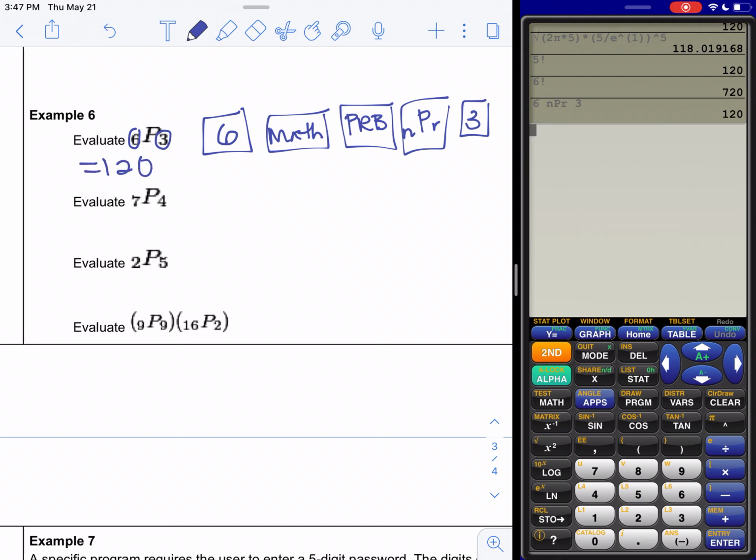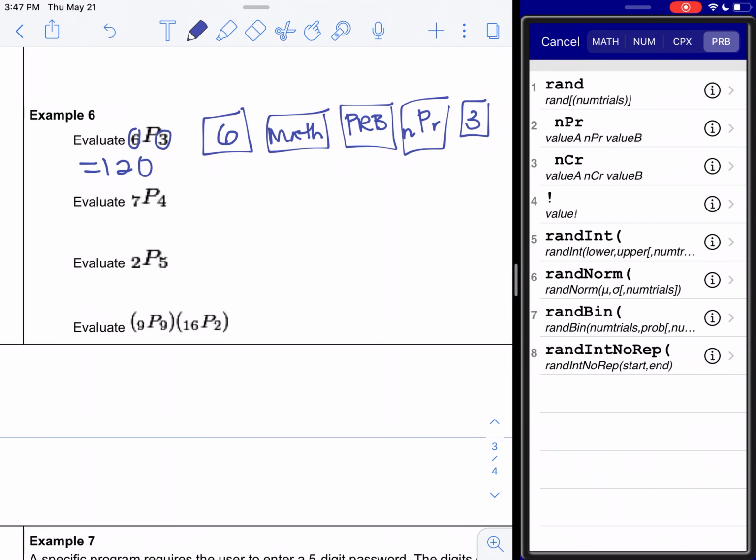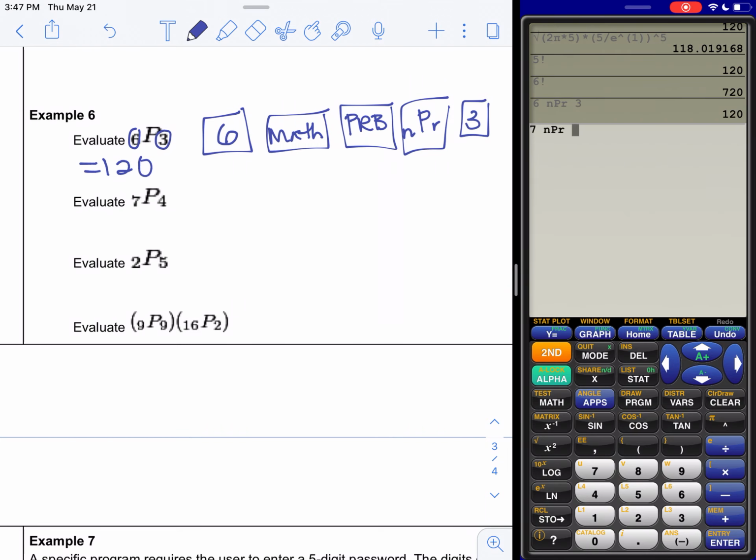Okay, pause the video, try out the next couple, and then we'll compare. Okay, welcome back. We'll try out the rest. 7 permutation 4. There are 840 different combinations of 7 items taken 4 at a time.